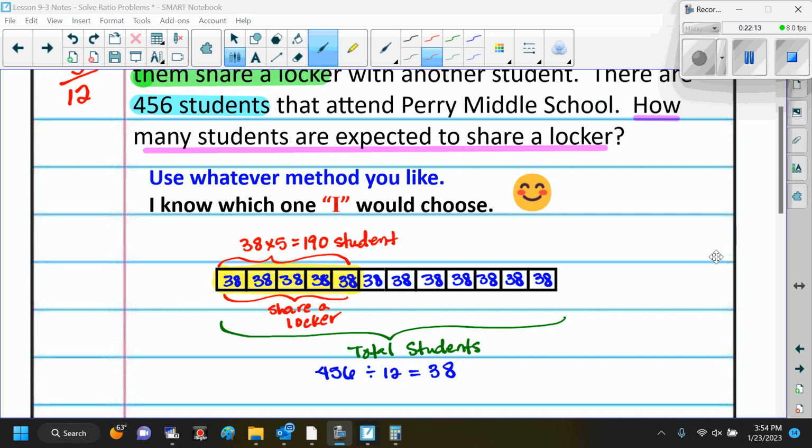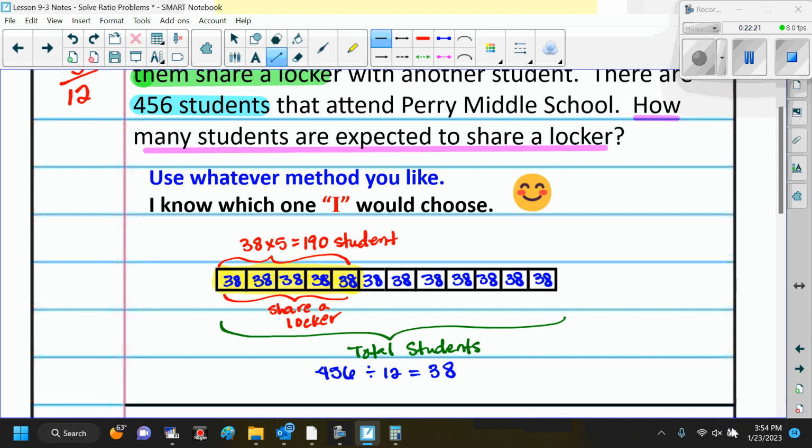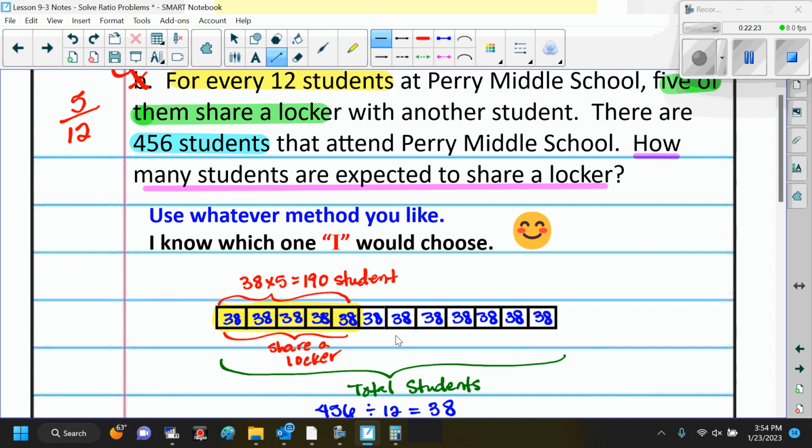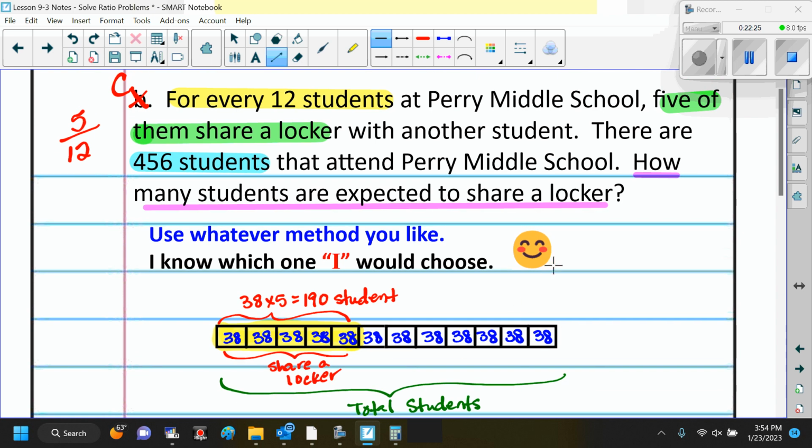So the second way that we can solve this is using the double number line. Okay, so again, we are comparing students who share a locker to the total number of students. Okay, and we want to go out to 456. I think that double number line would be gigantic.